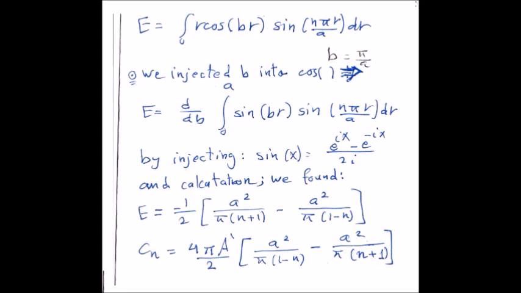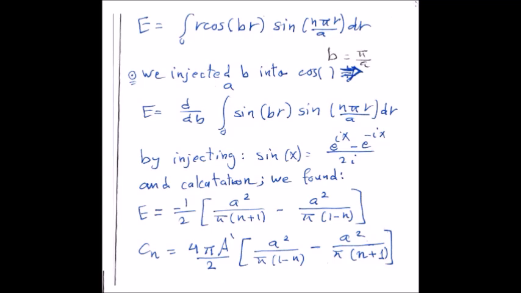So it's a multiplication of some constant multiplied by r squared, because the infinitesimal volume is r squared dr d theta d phi, over r, multiplied by sine of n pi r over a, multiplied by cosine of b r over a. So now I have c_n equal to some constant, 4 pi A prime times the square root of 4 pi. I get 4 pi because there is spherical symmetry, so the integration over theta and phi gives just 4 pi.